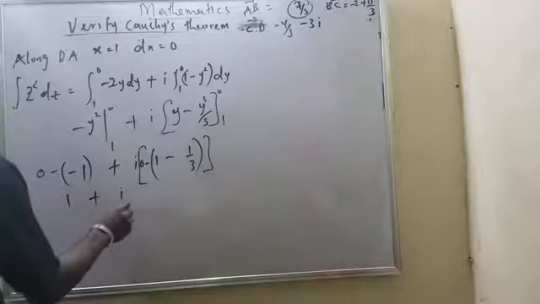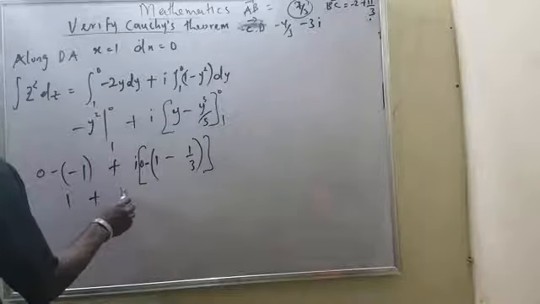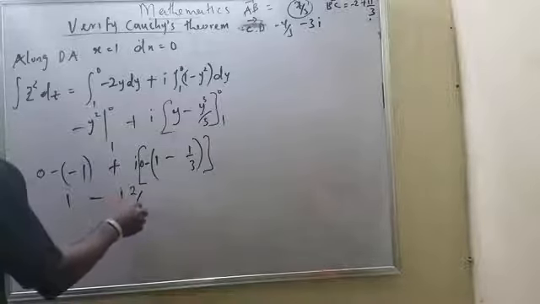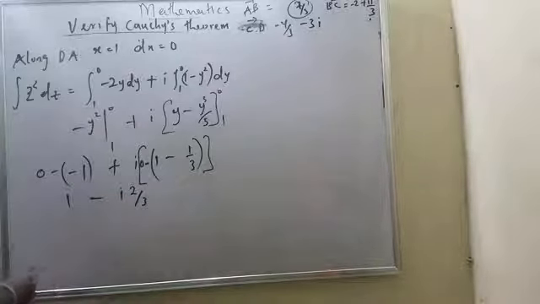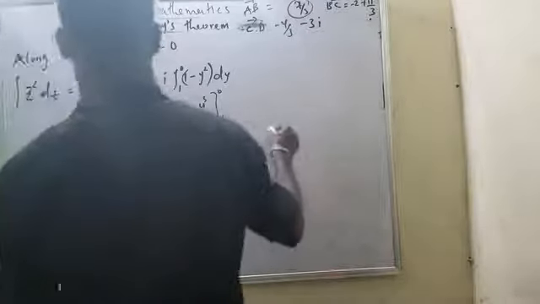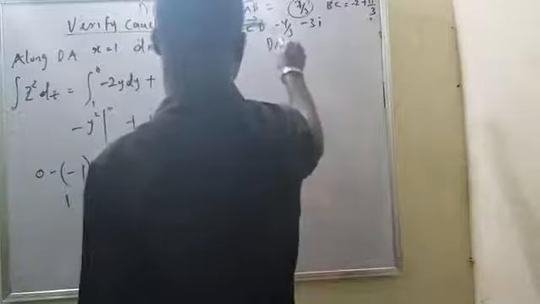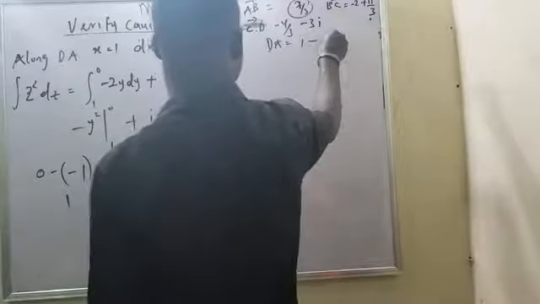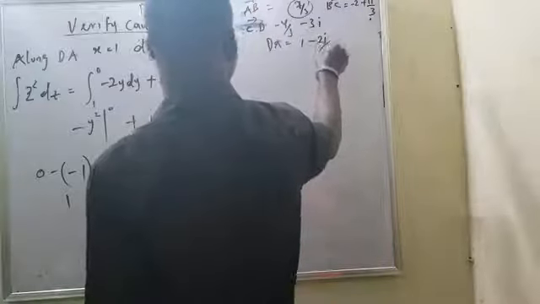Now we have i of minus, the minus will be here, because minus will not interact with any minus, which is going to be 2 all over 3. Now it means along that is along DA, DA will be equal to 1 minus 2i all over 3.